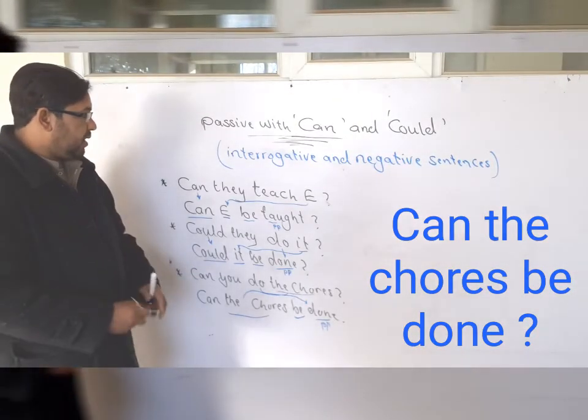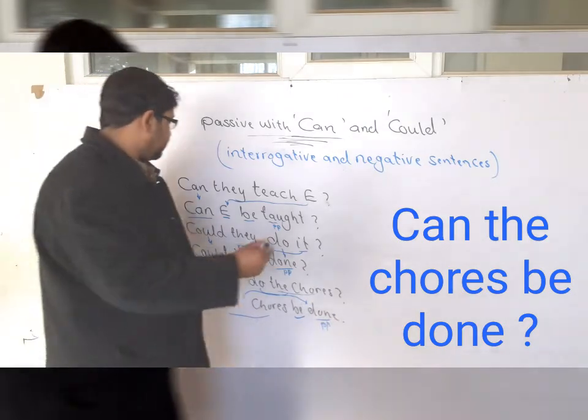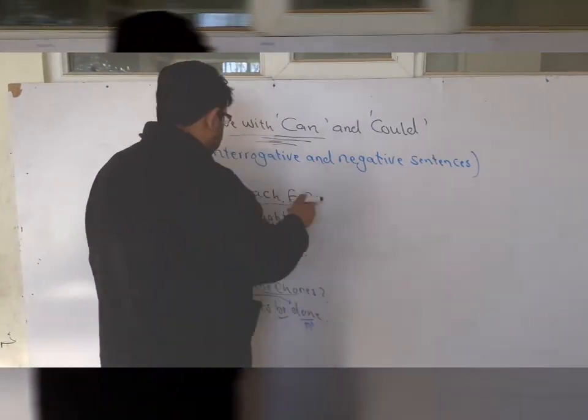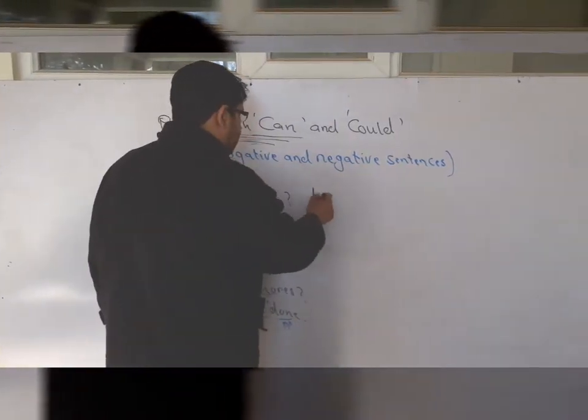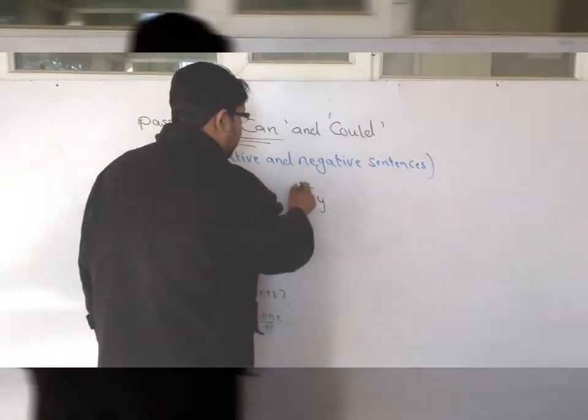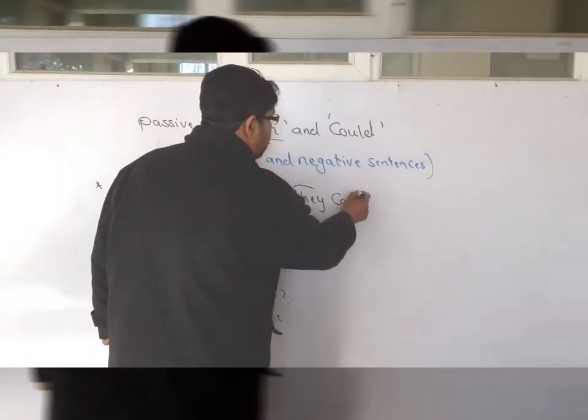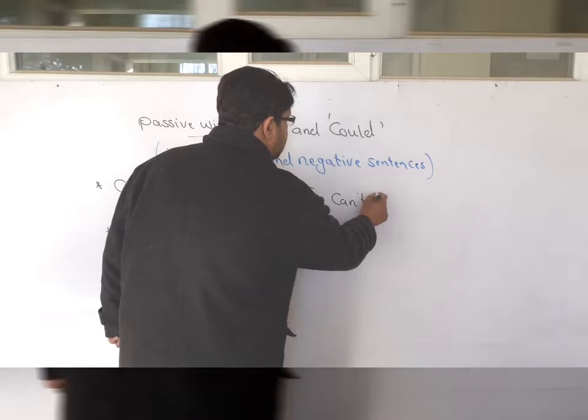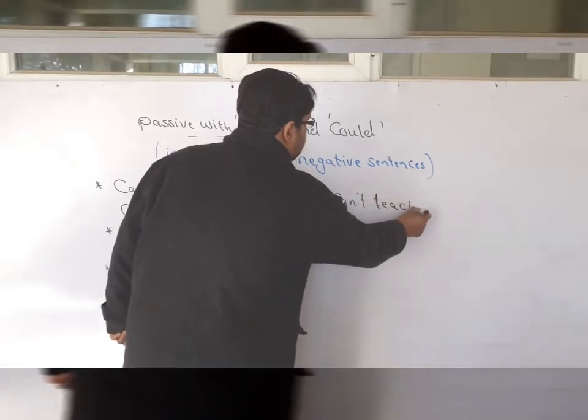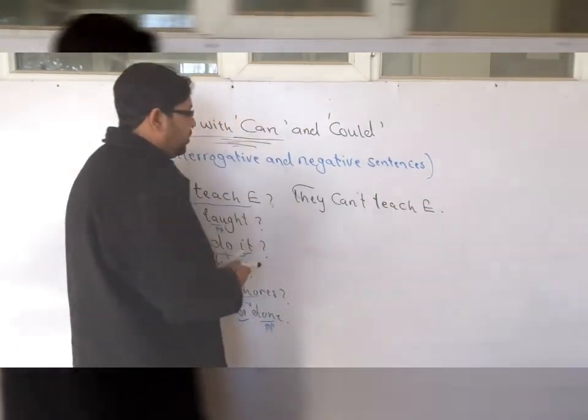If you have negative sentences like they can't or cannot teach English, how do you change it?